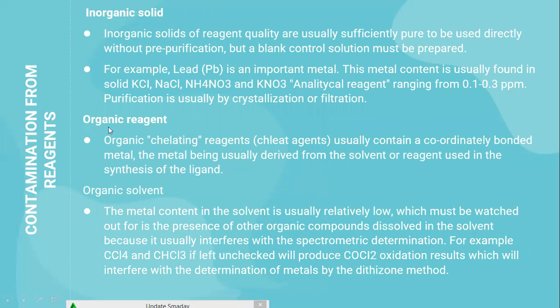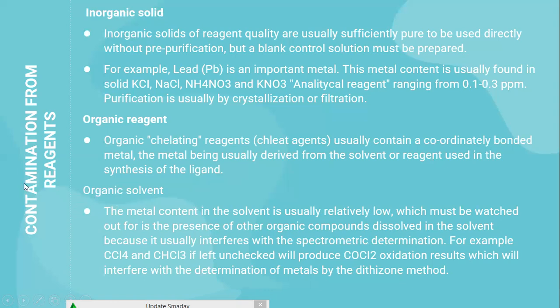And then the next is organic reagent. Organic chelating reagents, you can call chelating agent, usually contain a coordinately bonded metal, the metal being usually derived from the solvent or reagent used in the synthesis of the ligand.